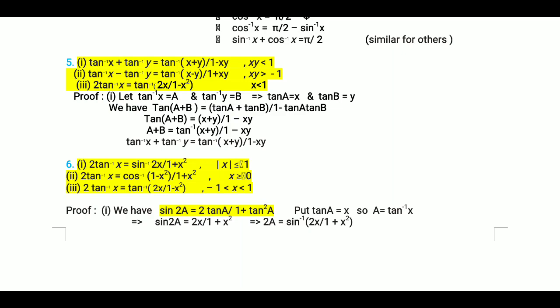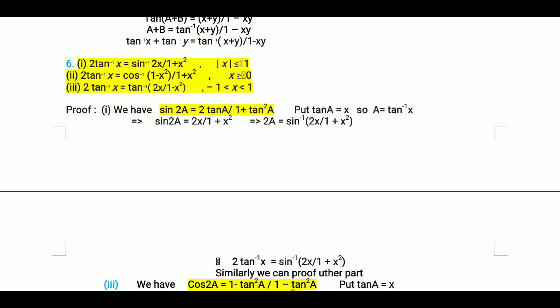We can prove any one of these. I am taking the first one. We know the formula from trigonometry, sin 2a is equal to 2 tan a upon 1 plus tan square a. In this formula, we can put tan a is equal to x. So a is equal to tan inverse x. Now put the values.